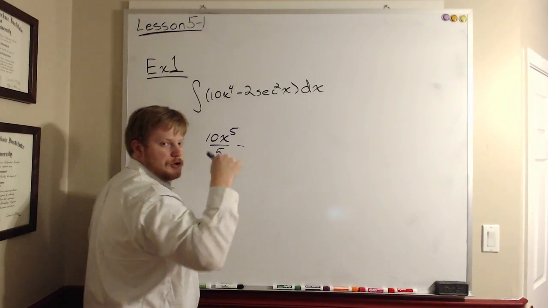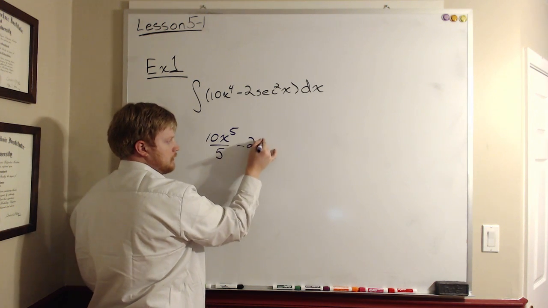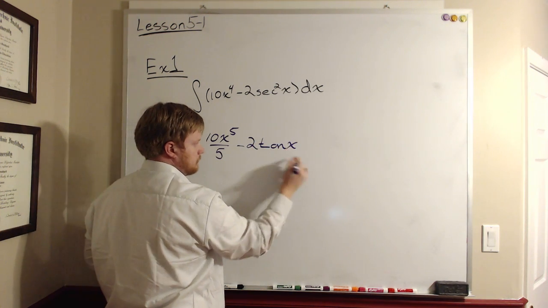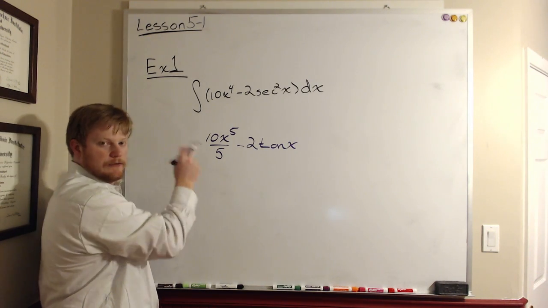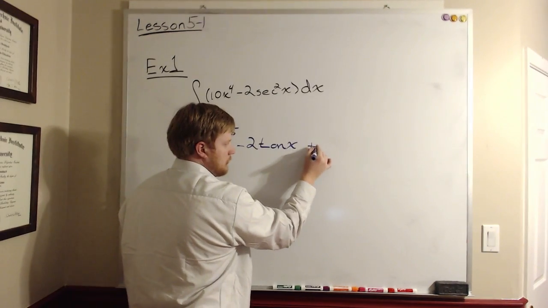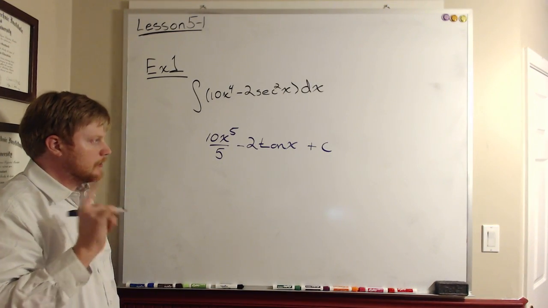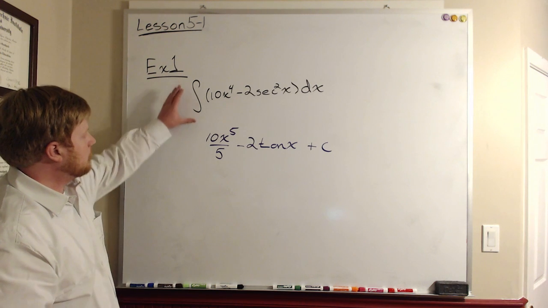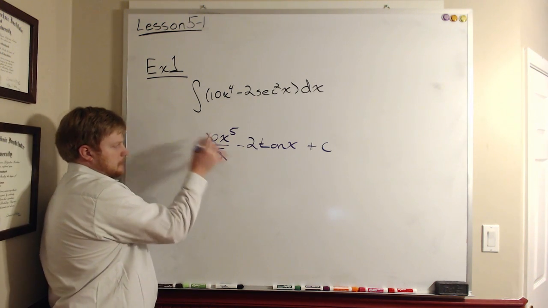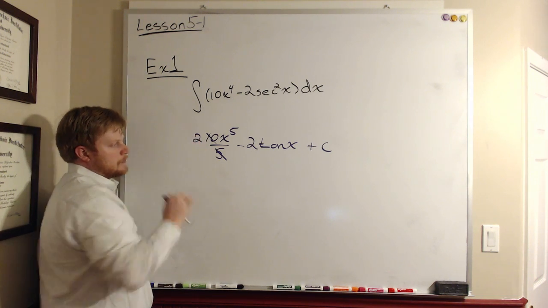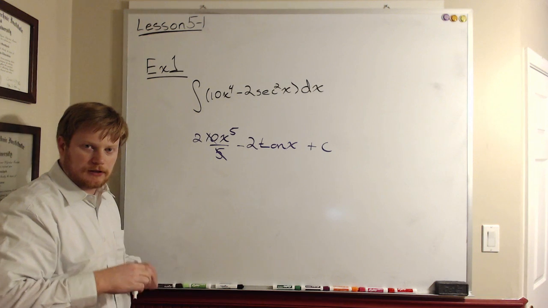Now, the derivative of what is secant squared? Well, it's tangent. And don't forget, every time you find an indefinite integral, you always get a constant of integration. That's very important. That constant of integration exists every time you find an indefinite integral. Now, obviously that can reduce to 2x to the 5th.